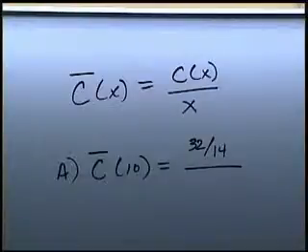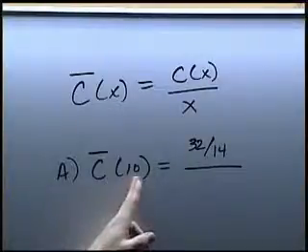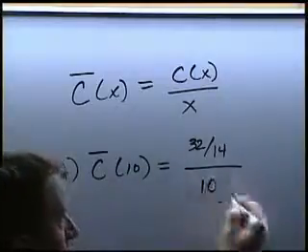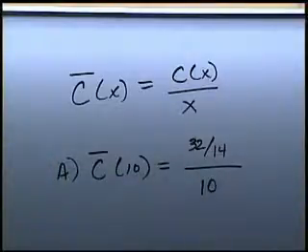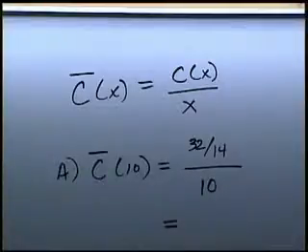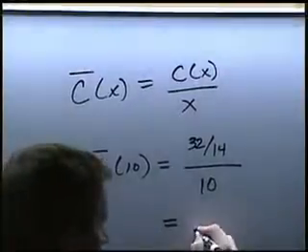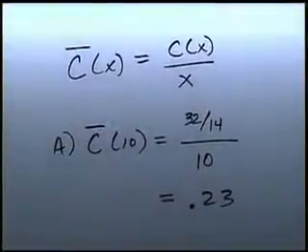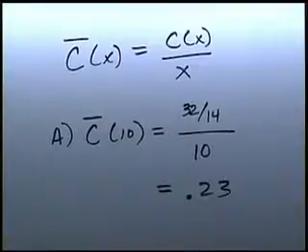And then x in this problem is what? X is the number of items, so x is 10. So I'm going to take whatever 32 over 14 is, and divide that by 10. Whatever answer I get, somebody punch that in, please, so I can talk about a label. How much? 0.23. Okay, so the answer is 0.23.